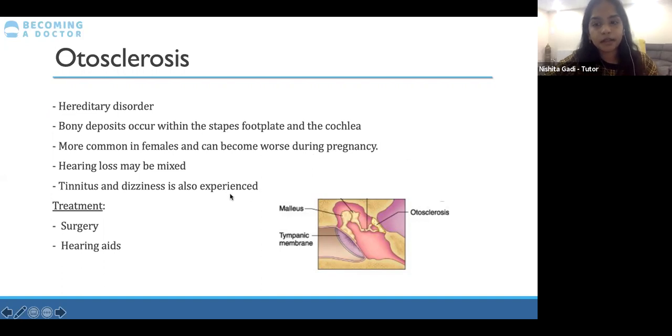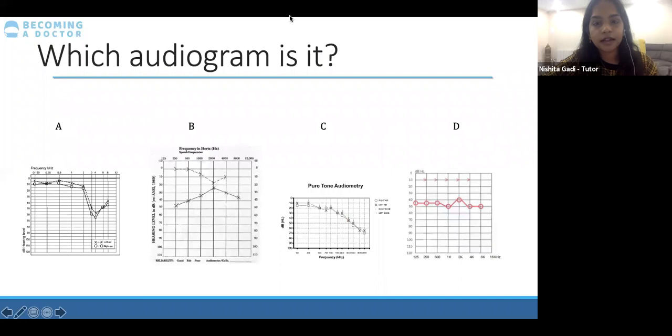So that's a bit about otosclerosis, and I won't do a poll because it's the last one left. With the process of elimination, it's this audiogram here, and this is the characteristic audiogram.